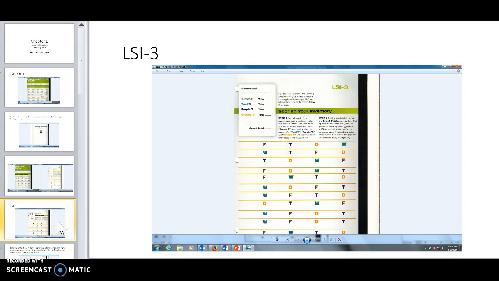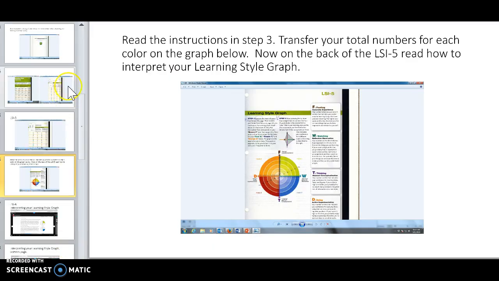Next, we have our LSI3, and you're going to read a set of instructions that are right here underneath scoring your inventory, so please be aware, and it's kind of similar to what I was just sharing with you. Okay, so now we have LSI5. Once we get the score for each letter, we're going to plot it on this graph. So if I have, for instance, 50 points for letter F, then I will plot that 50 on this line.